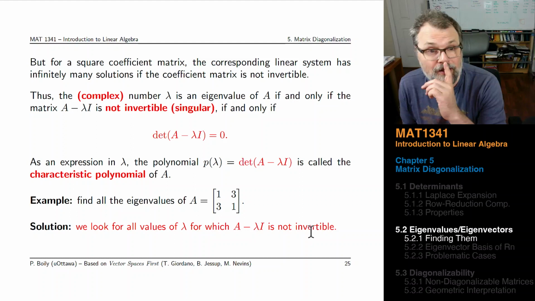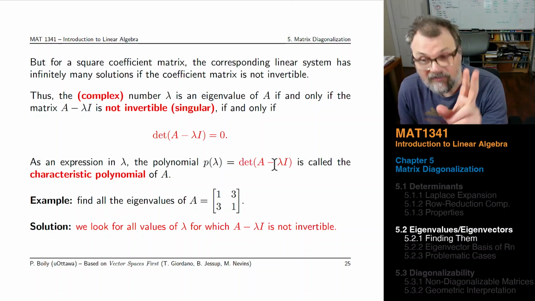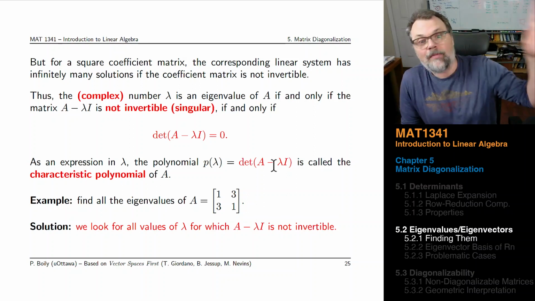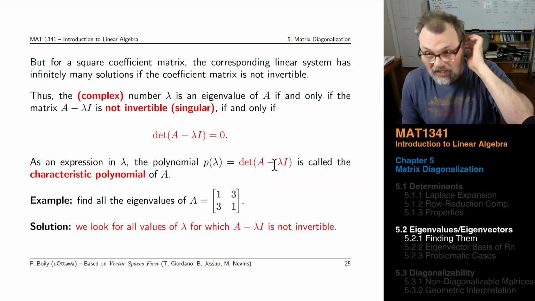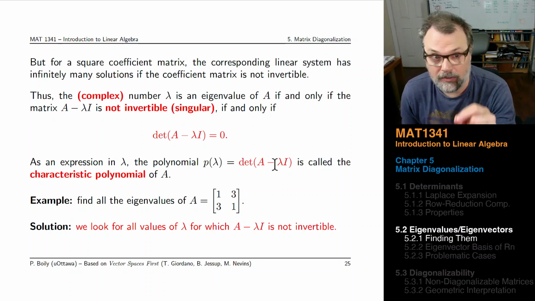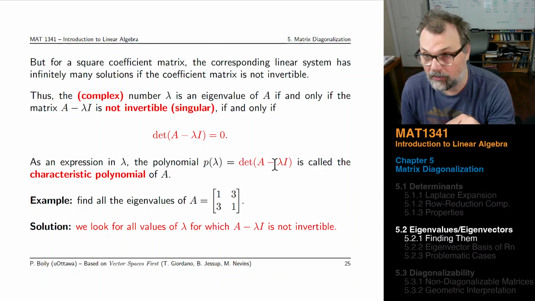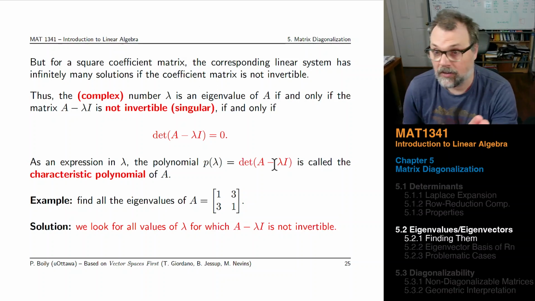And one thing I should mention: since this is a polynomial in lambda, and we studied the fundamental theorem of algebra way back in chapter 1, we always have n roots to this polynomial. The eigenvalues are the roots of the polynomial. They could be complex, right? Because polynomials could have complex roots.